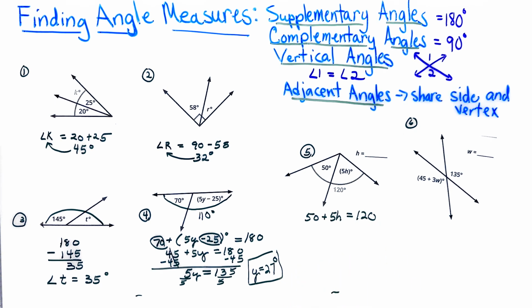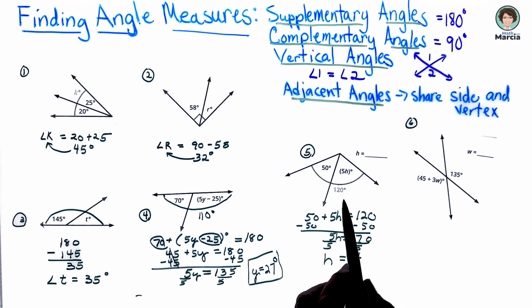Now we need to use our solving equation skills. So minus 50, and 5h is equal to 70. And we are going to divide both by 5. And my h is going to be equal to 14.